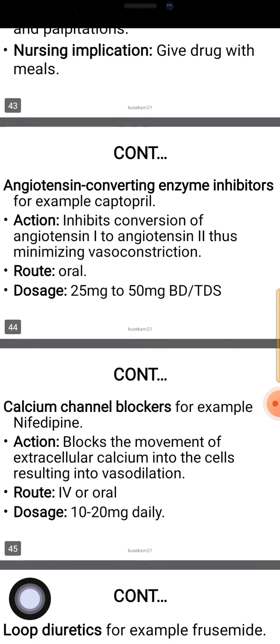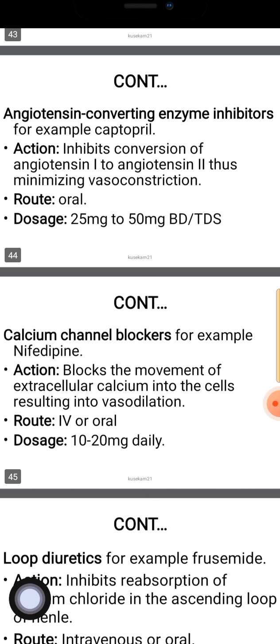Then angiotensin converting enzyme inhibitors. These are drugs like captopril. Captopril is given to inhibit the process of converting angiotensin, remember, there in the kidney, so that there isn't vasoconstriction.